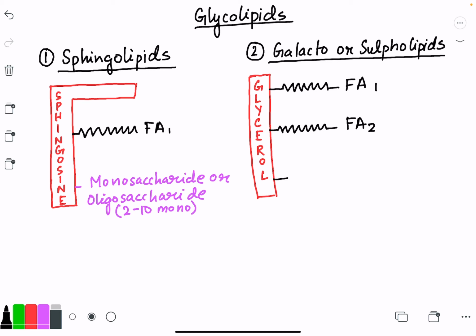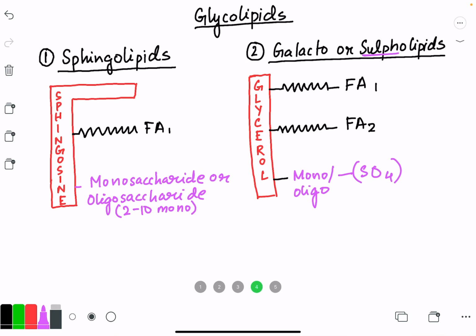And the third part will have attachment of a mono or oligosaccharide as before, but also there will be a sulfate group. This is why they are known as sulfolipids. So this classification is also done.